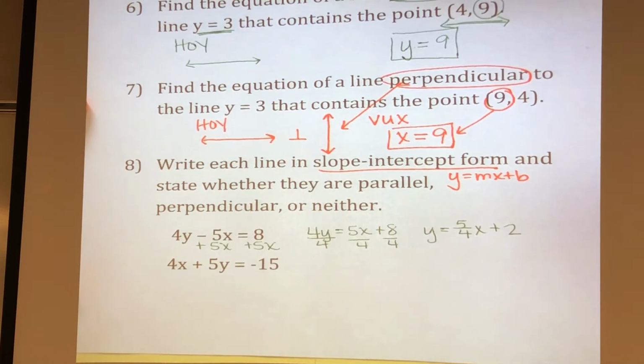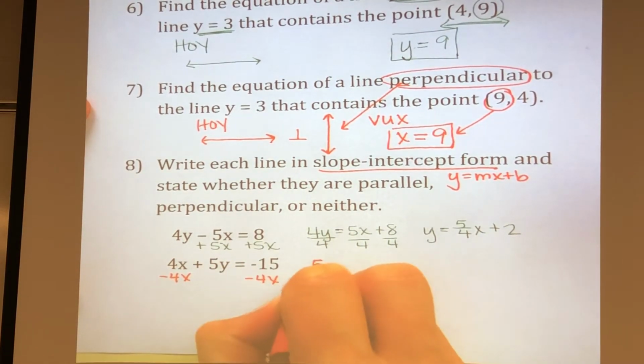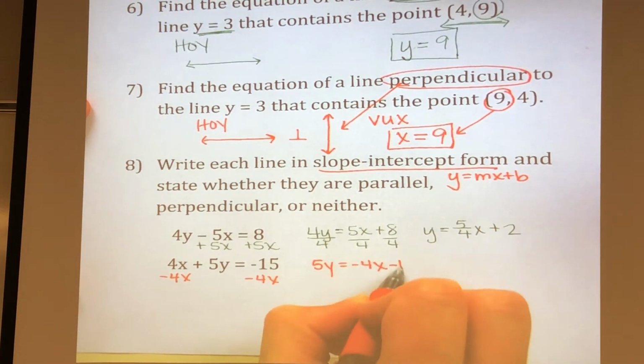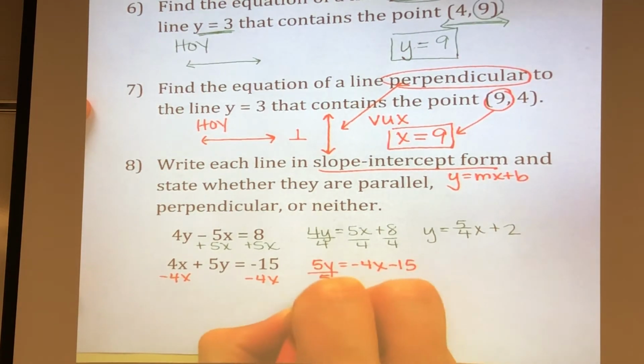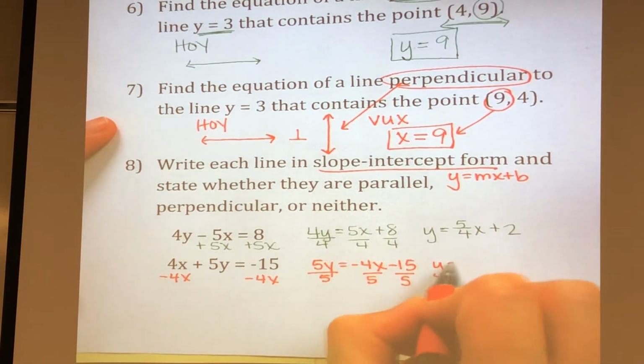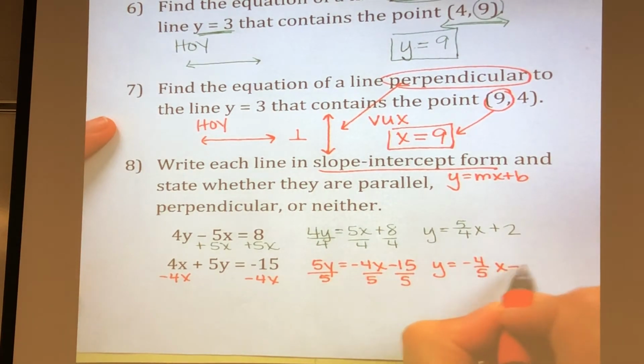Okay, that's in slope-intercept form now. Let's do the next one. We want to get y by itself, so we'll start by subtracting 4x from both sides. So we have 5y equals negative 4x minus 15. Divide everything by 5. So we have y equals -4/5 x minus 3.